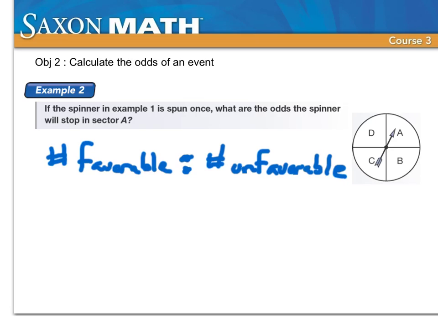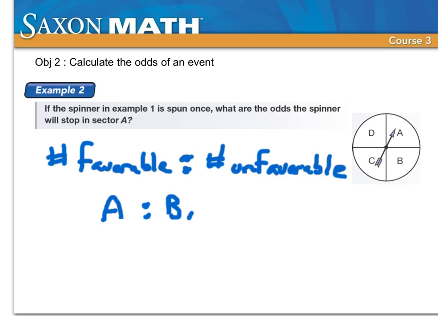So this says if the spinner in example 1 is spun once, just one time, what are the odds the spinner will stop in sector A? Okay, well, what are my favorable outcomes? I'm looking at what's the odds it'll stop in sector A. So my favorable is A. That means my unfavorable outcomes are anything else.